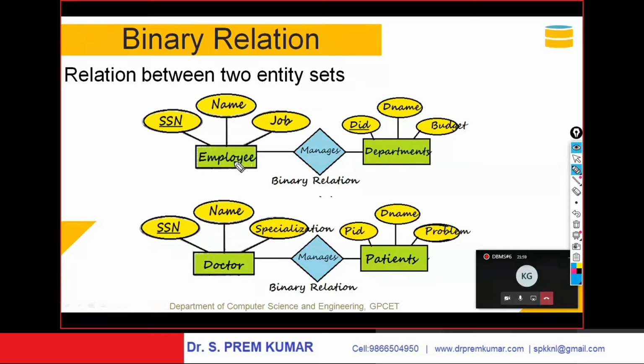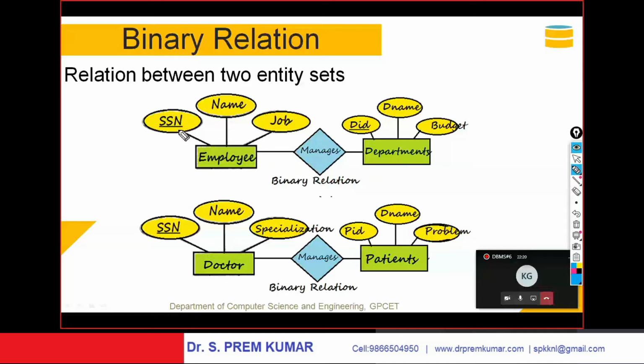Then you first draw ER diagrams. ER stands for entity relationship diagrams. The entity is represented with a rectangle. Employee is an entity, you put a rectangle. Department is an entity, you put a rectangle. How is an employee identified?